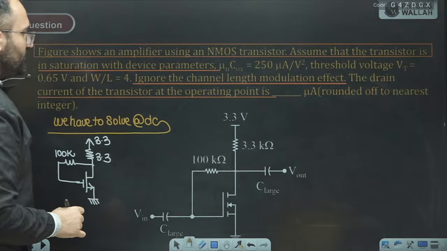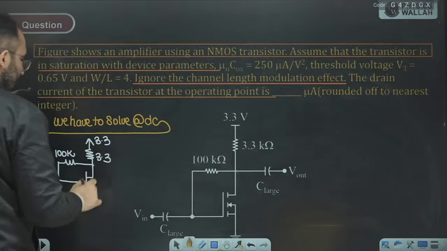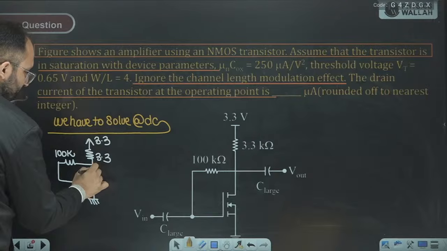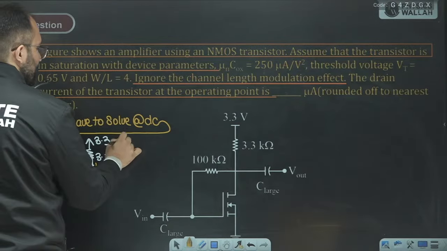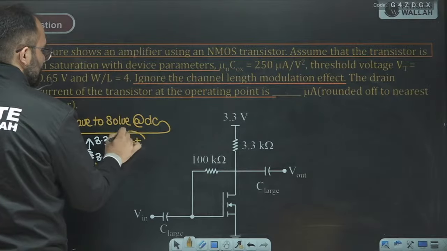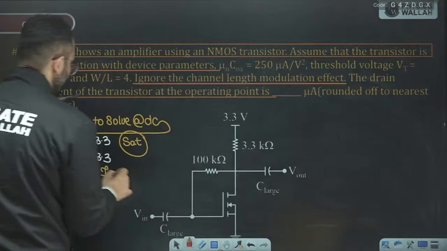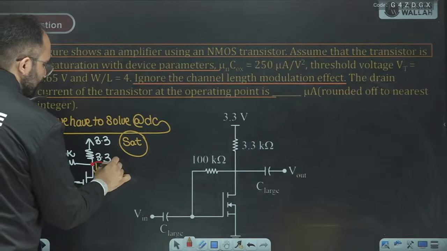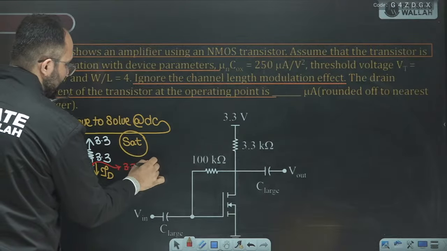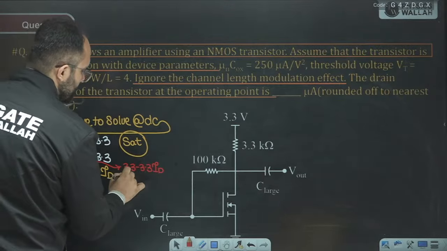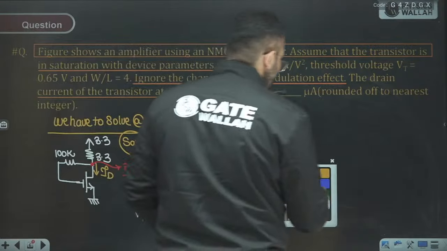There is no current in this terminal, so this will be the ID current. The device will be in saturation mode because drain and gate are shorted. The voltage at this terminal will be 3.3 minus 3.3 ID.